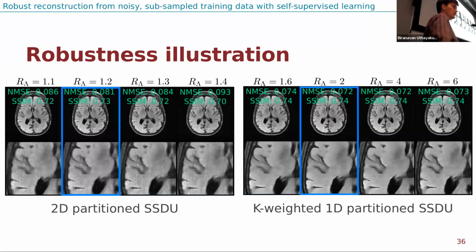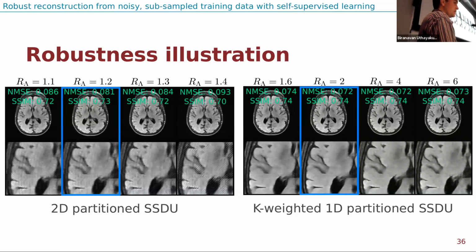So, for example, each of these shows the same image reconstructed with the same method, but for different acceleration factors of the second mask. And the highlighted box shows when it performed best.